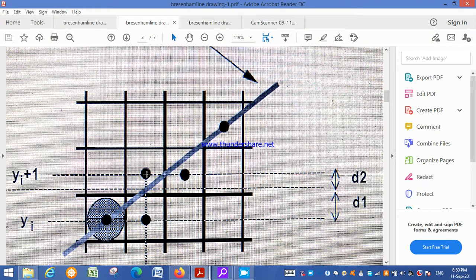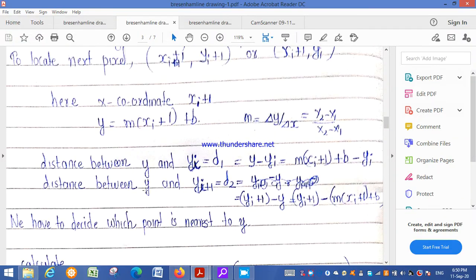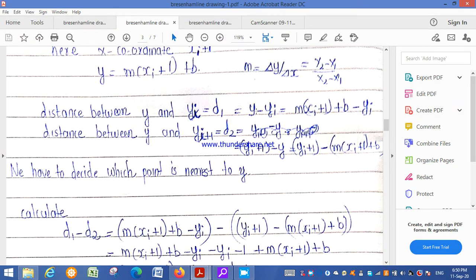So yi plus 1 minus y. That is the equation. So d1 is computed by y minus yi and d2 is computed by yi plus 1 minus y. Here you can substitute the value of y by m into xi plus 1 plus b, minus yi.